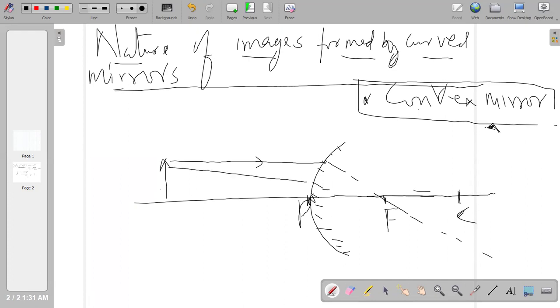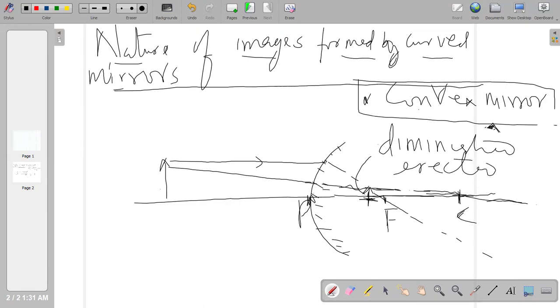The ray we send through here goes undeviated. So the two lines meet here. This is the image formed: diminished, erect, virtual.